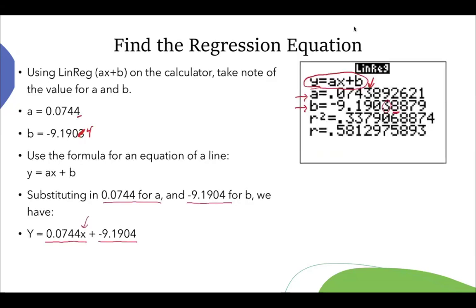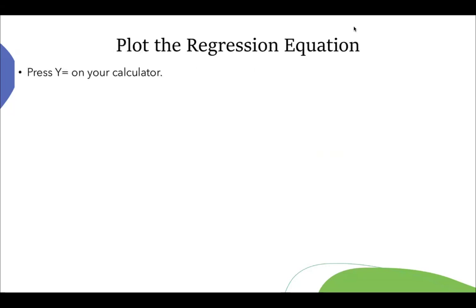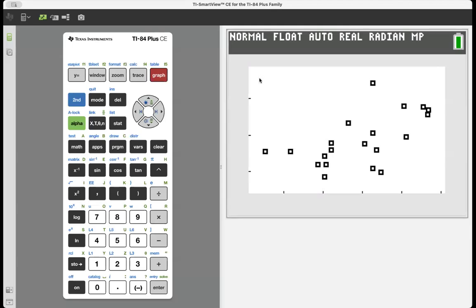After we find it, we're going to put it into the calculator and see what it looks like among the points. So we're going to press y equals, and I'll do this with you right now. Let me share my calculator. Okay, remember that this is what our graph looked like.